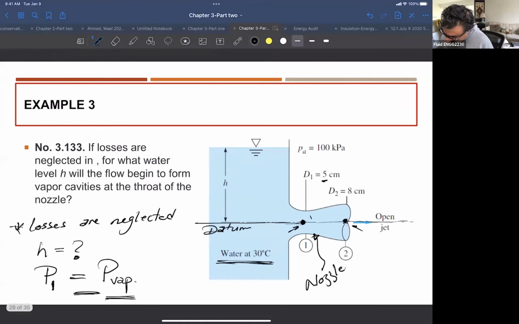I think 100 kilopascal is given in the problem for that reason. Does it say vacuum? It's easier for me to check table 5.